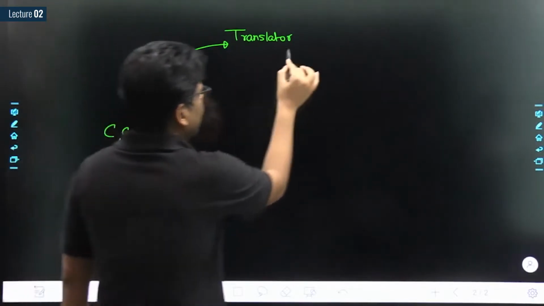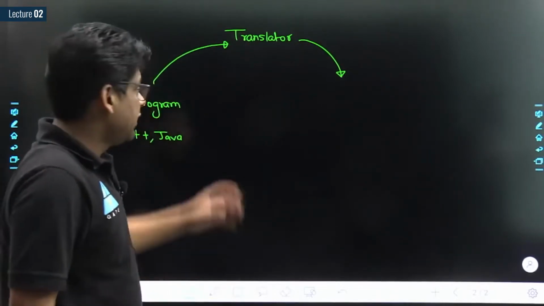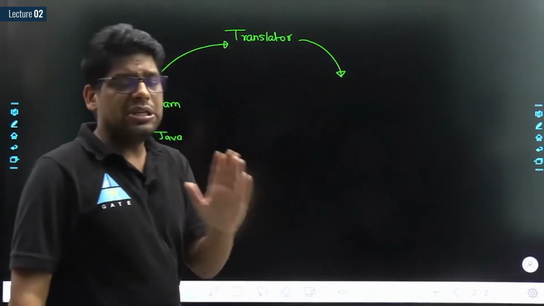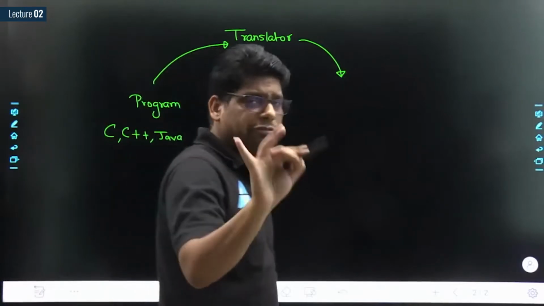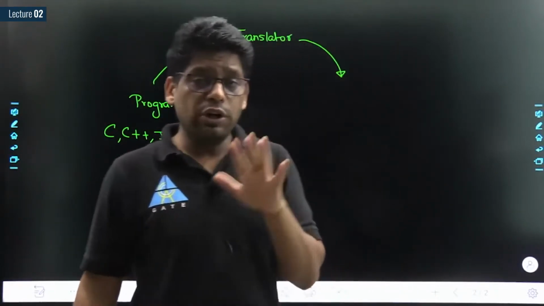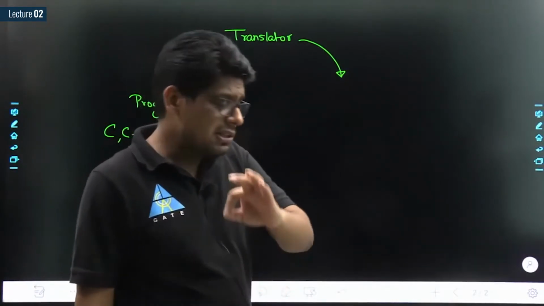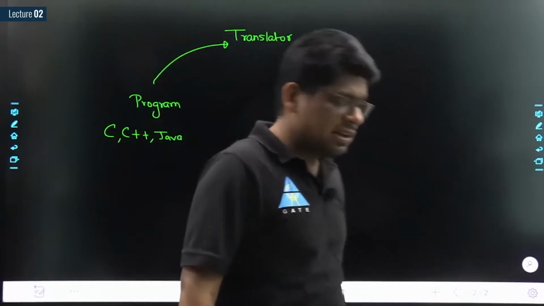I don't want you to write them. And what it does, sir, it converts that program into machine readable format. That is the task of the translator, and the translator is your best friend. If you want to learn about any programming language, believe me, the translator is your best friend.